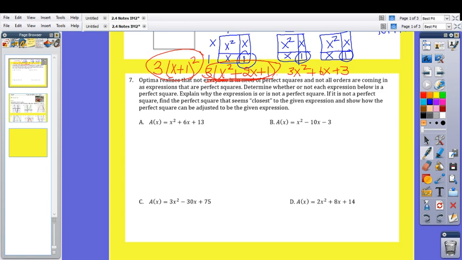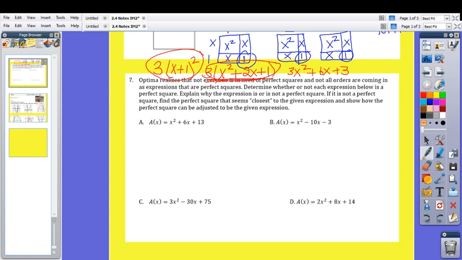Okay, and in this one, Optima realized that, let's read it. Not everybody needs the perfect squares.